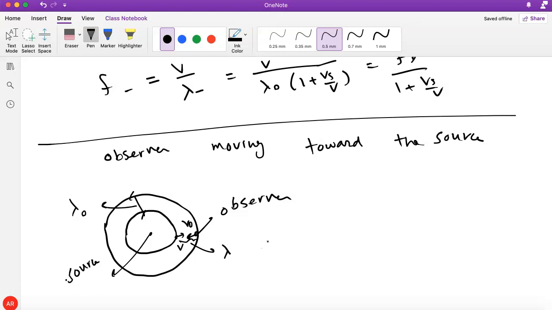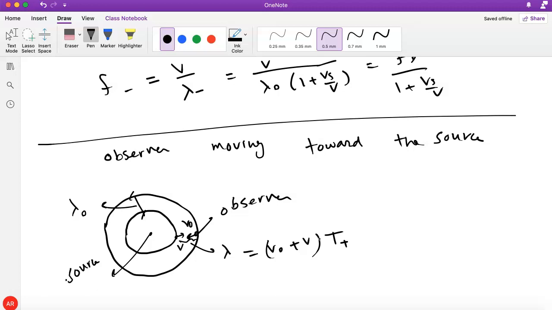So now let's say there's going to be a time t plus for this second wavefront to reach the observer. So what we can write is lambda is V naught plus V times t plus, the time between two consecutive wavefronts.